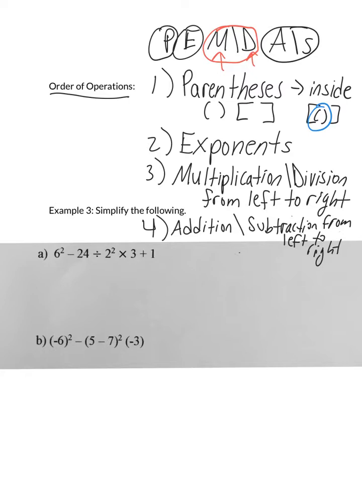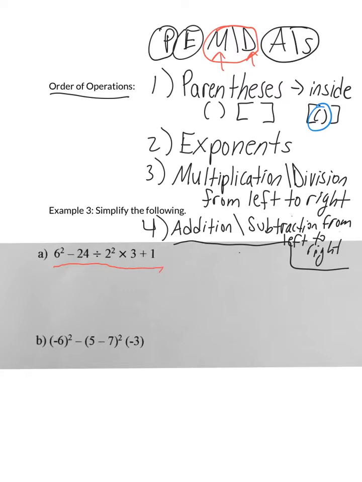Okay, so to show you what I mean with these steps, example 3. There's an A and a B on this slide, and then there are a couple more parts to this example on the next slide, so we get lots of examples for good practice going. But let's see here. A says 6 squared minus 24 divided by 2 squared times 3 plus 1.